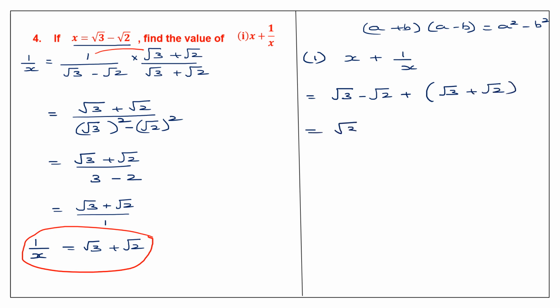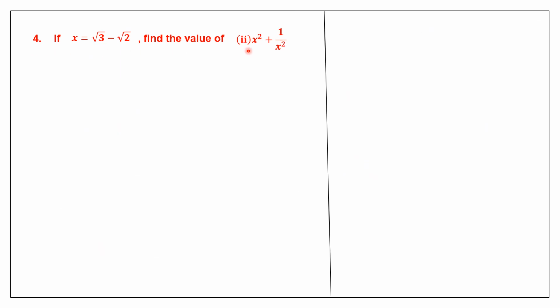So this is root 3 minus root 2. Since it's plus, no change in the signs of the numbers inside. So this is root 3 plus root 2. Now here we can cancel something. Here we have minus root 2 plus root 2. We can cancel both. So we just have root 3 plus root 3, making it 2 root 3. So the value of x plus 1 by x is 2 root 3. This is our first answer.